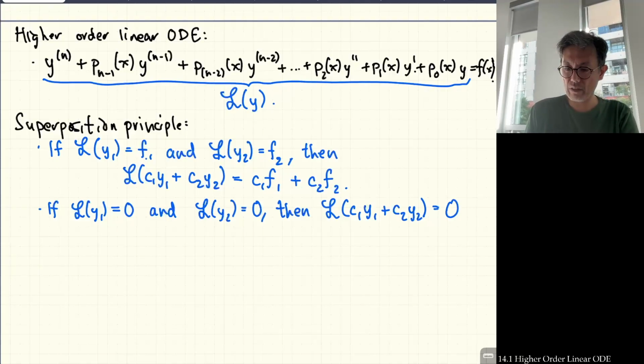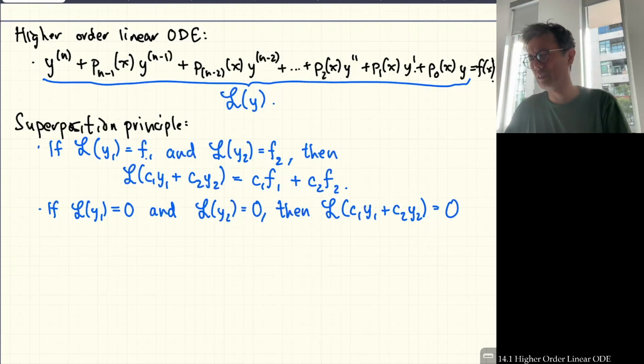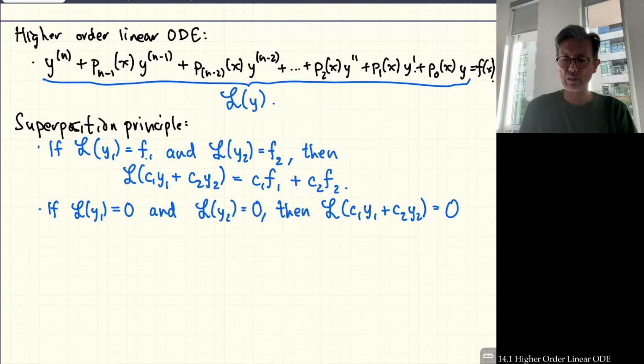So L of C1y1 plus C2y2 is C1 times 0 plus C2 times 0. But C1 times 0 is 0, C2 times 0 is 0, and 0 plus 0 is 0. Okay, so we get 0. Hopefully that made sense. But that's the superposition principle. And I want both of these versions for later in life.